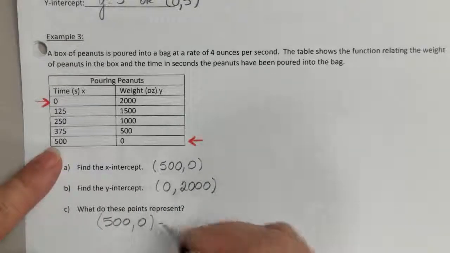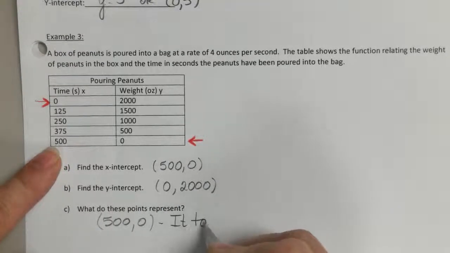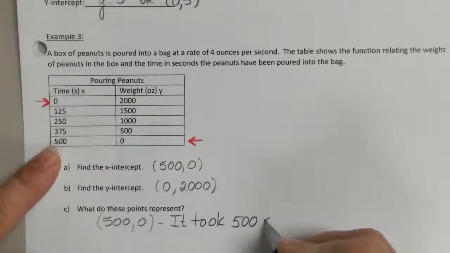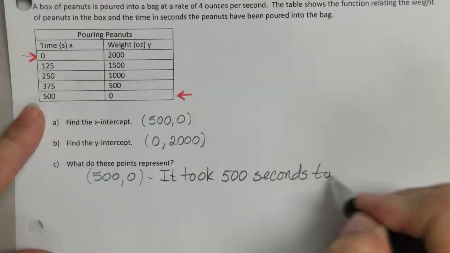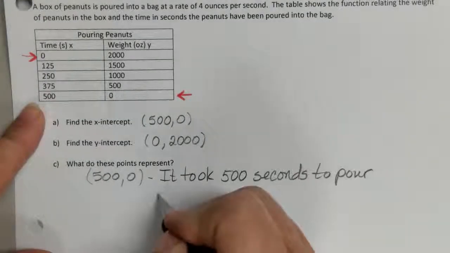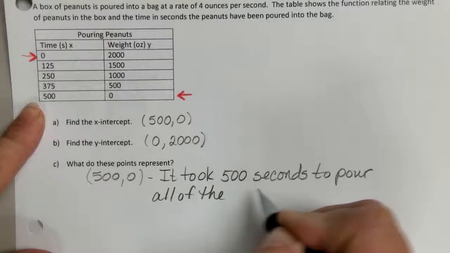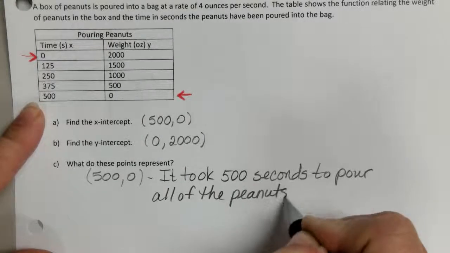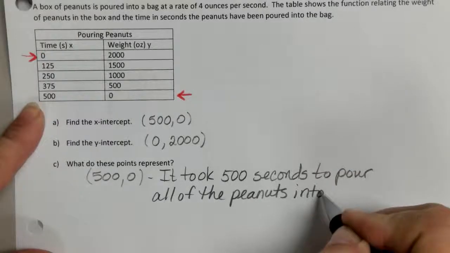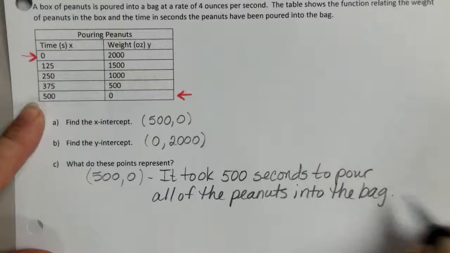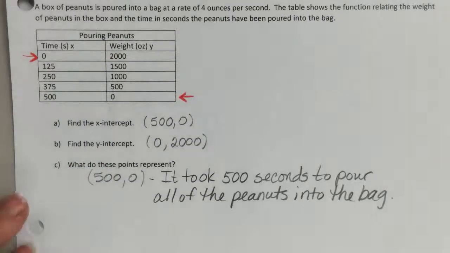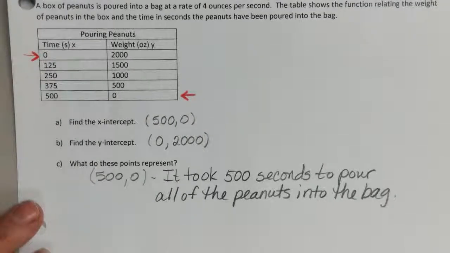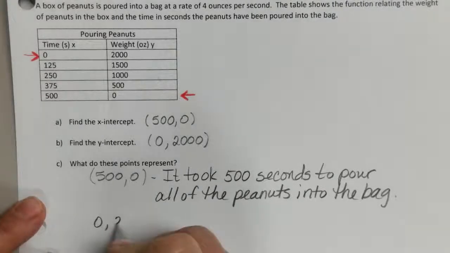So therefore, it took 500 seconds to pour all of the peanuts from the box into the bag. So you really just use the labels on your table in order to tell what the interpretation of the point is going to be. When we look at our y-intercept, that would be the point (0, 2000).